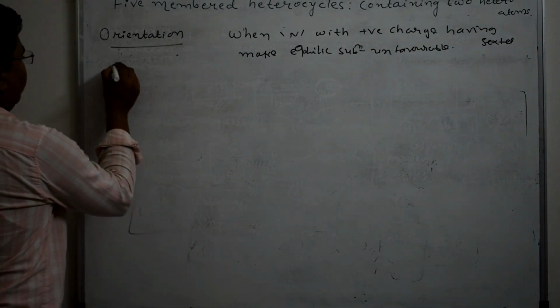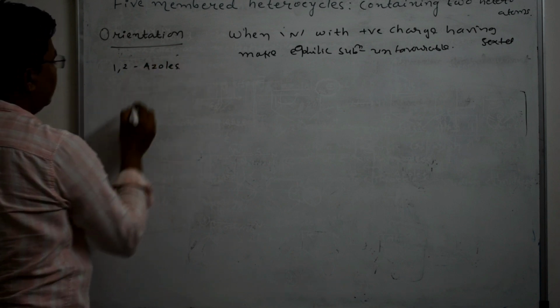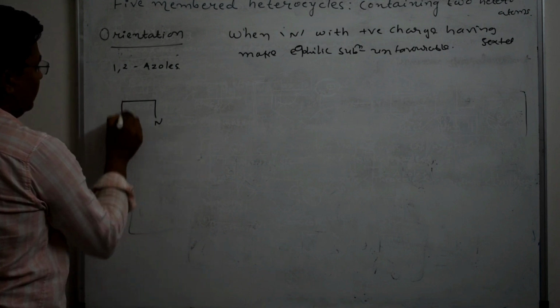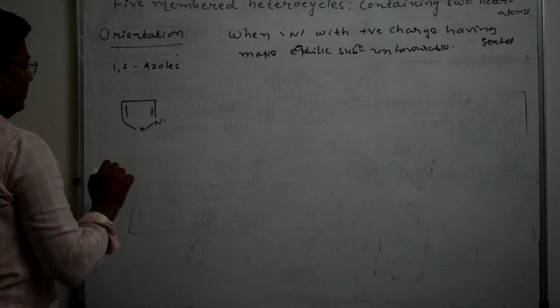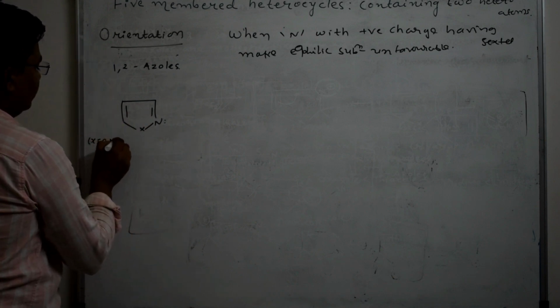See, if you go with the 1,2-azoles, so here your nitrogen, which is pyridine type, and this X can be oxygen, nitrogen or sulfur.